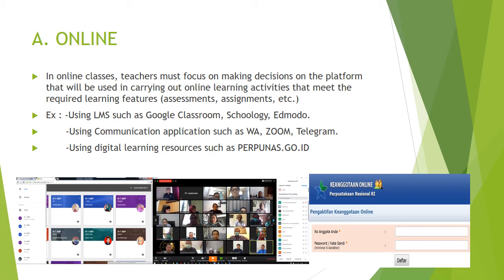It is impossible for us as teachers to provide real books through online classes, which is why teachers must provide learning resources that can be accessed online, like some internet websites such as perpunas.go.id and other online libraries like that.